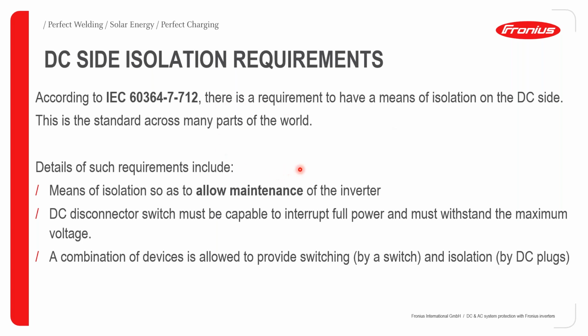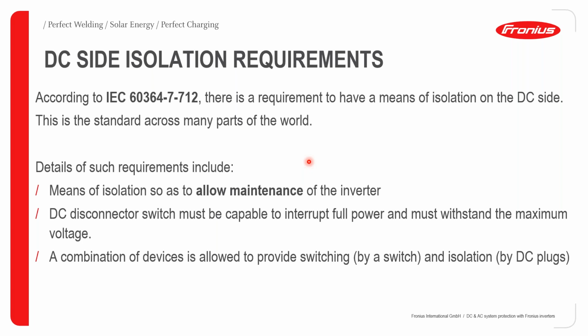Some of the details in this requirement mean that you must have a means of isolation so as to allow maintenance of the inverter. If you're going to do some maintenance or service work on a Fronius inverter, as you know, you can do replacement of boards and so on.